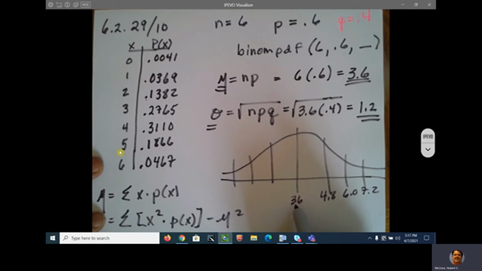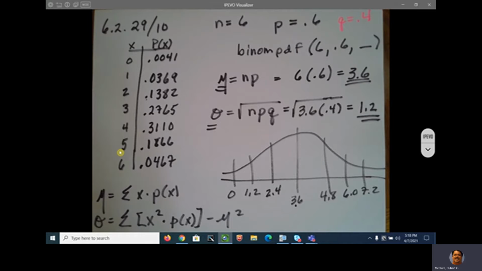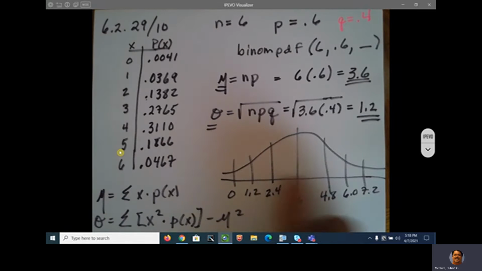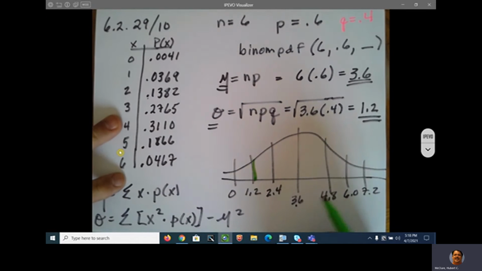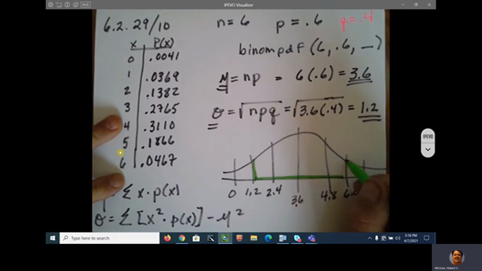This is 3.6 minus 1.2, what is that? 2.4, 1.2, and 0. So they could ask you to do this. As long as they give you the mean and the standard deviation, they can ask you to draw the curve, because that's something you should have learned back in chapter 3.